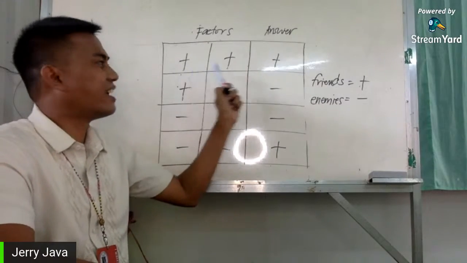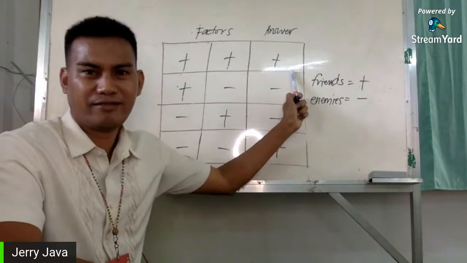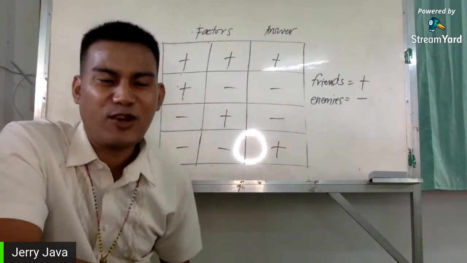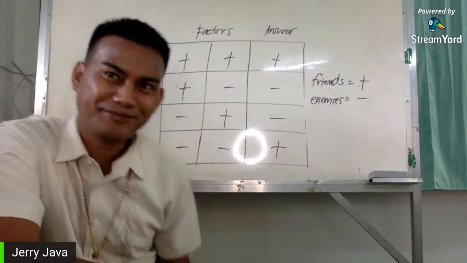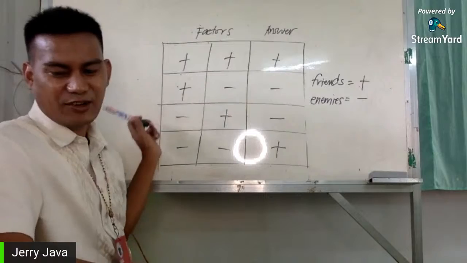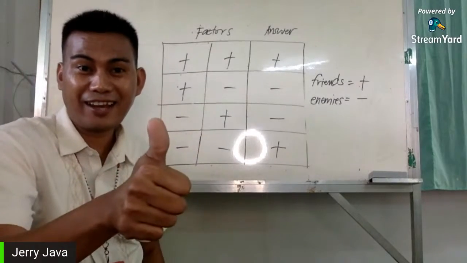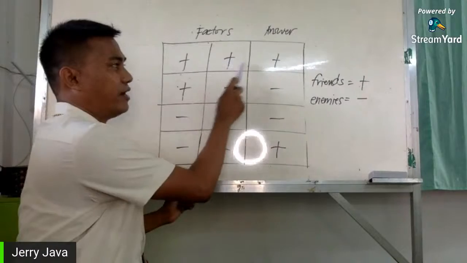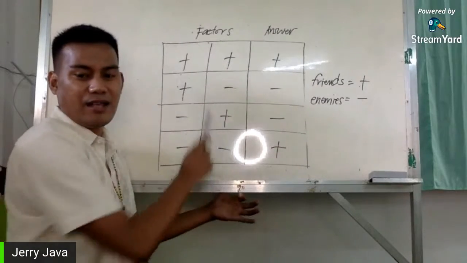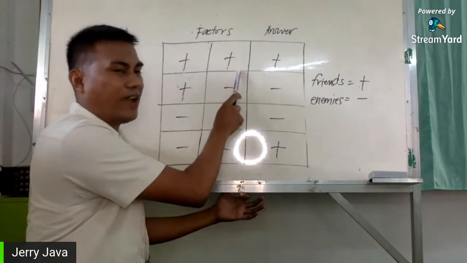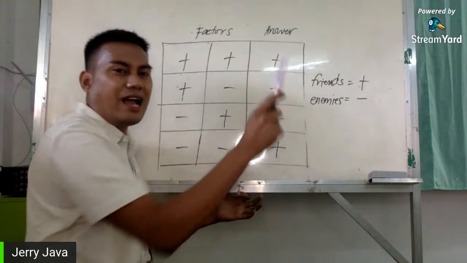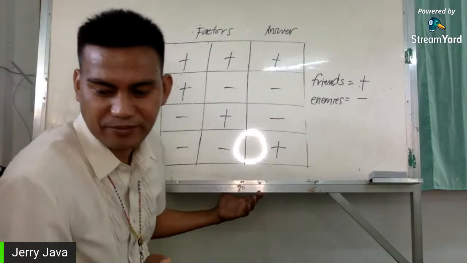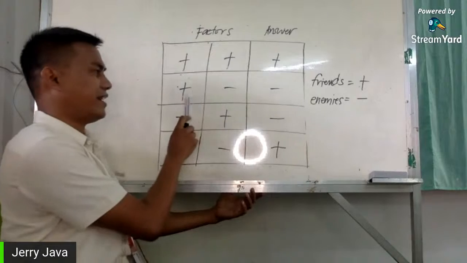The friend of my friend is also my friend. Right? Correct? Agree? Friend, positive. My friend's friend is my friend. The friend of your friend can also become your friend. Of course.